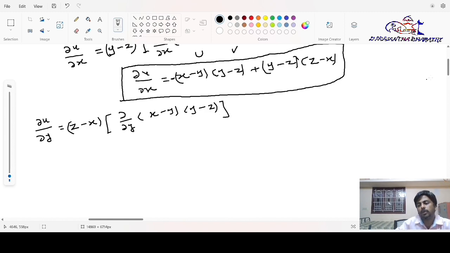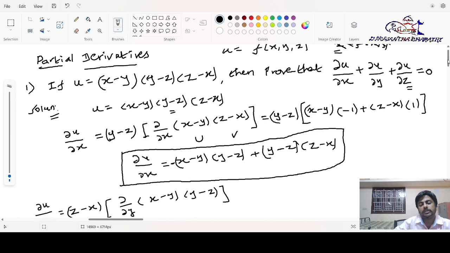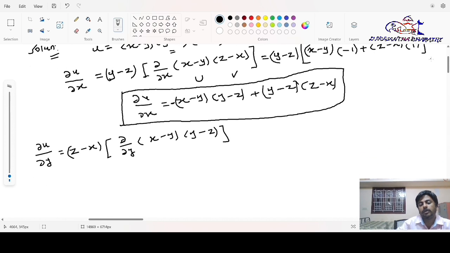See, we have not considered this z minus x, so we have taken z minus x outside. So dou by dou y of (x minus y) into (y minus z) is equal to (z minus x) into (u v dash plus u dash v), so (x minus y) into 1 plus (y minus z) into minus 1.